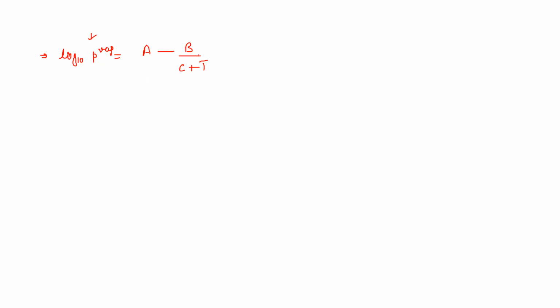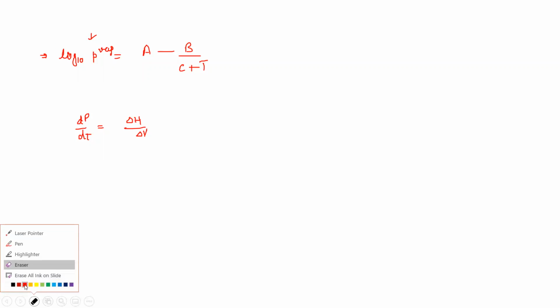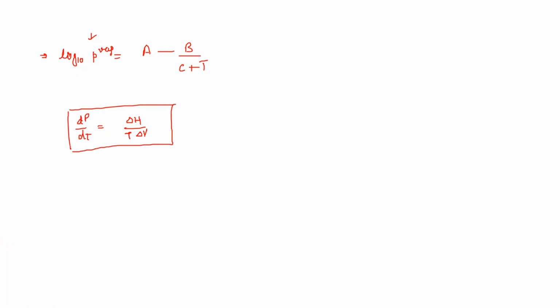Then we moved on to the next equation, which was the Clapeyron equation. In the Clapeyron equation, we discussed the equation as dP by dT is equal to delta H by T delta V. This is the equation that relates the equilibrium pressure and temperature.